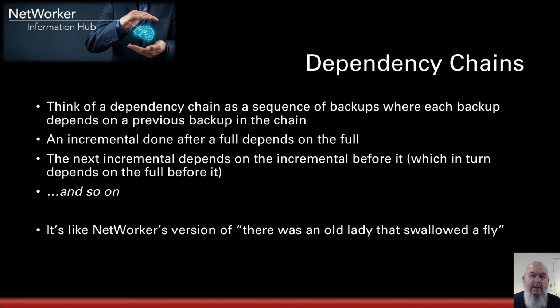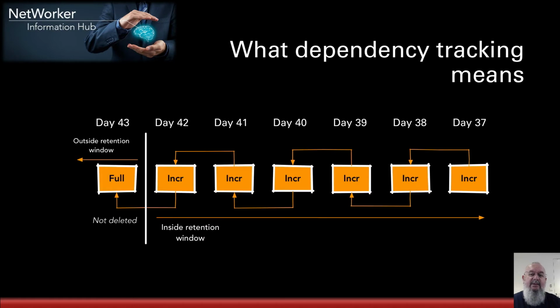So let's look at what dependency tracking then does for us. So we've got this sequence of backups that we've done based on our 6-week retention period, our 42-day retention period. And in this scenario, we're looking at a dependency chain where the full backup is outside the retention window, but the incremental backups that depend on the full backup are still within the retention window.